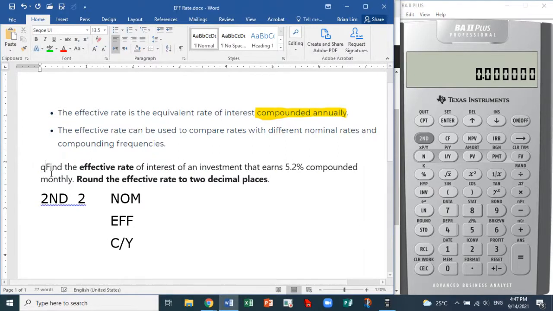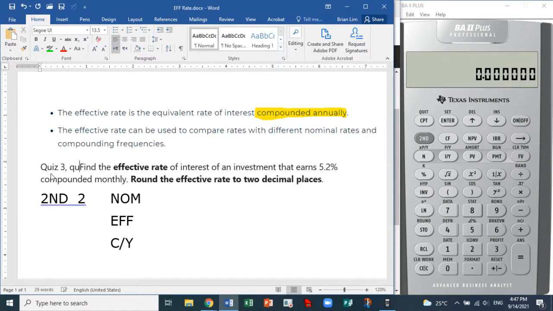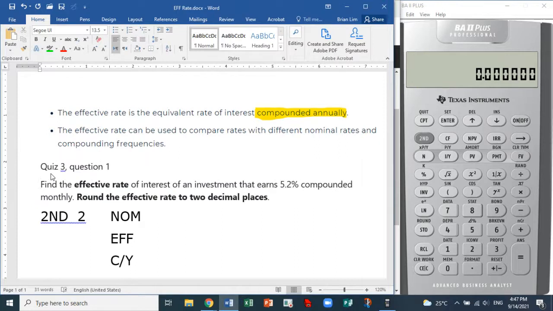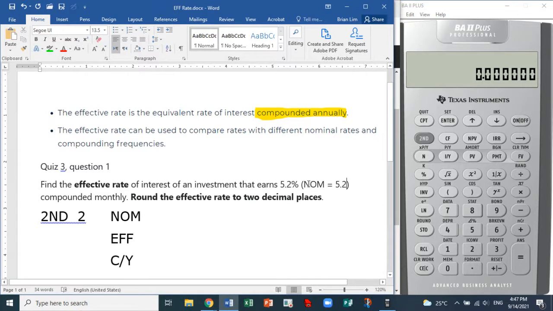This would be quiz 3, question 1. Okay, so this 5.2 would be the nominal in this case. You will see why this is NOM. So nominal is equal to 5.2.